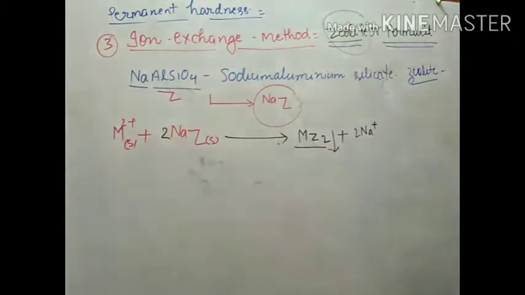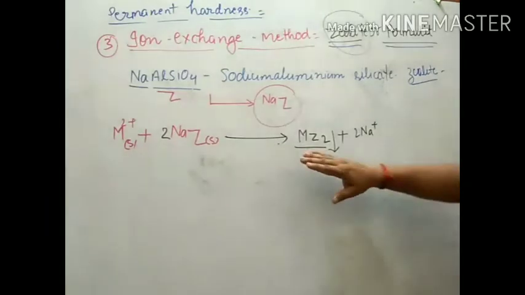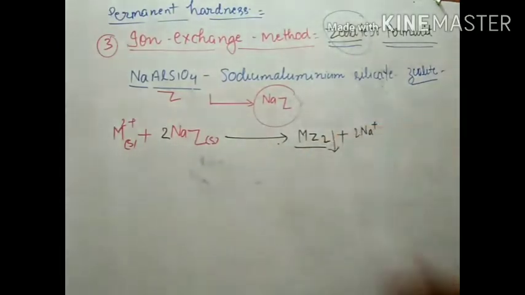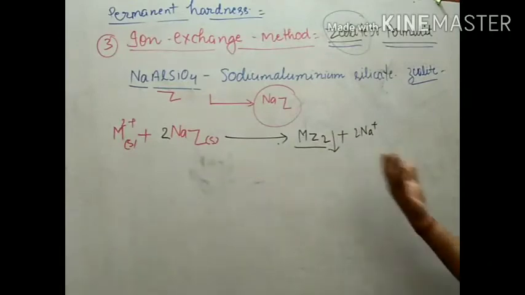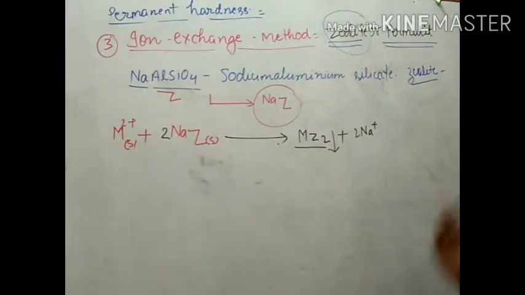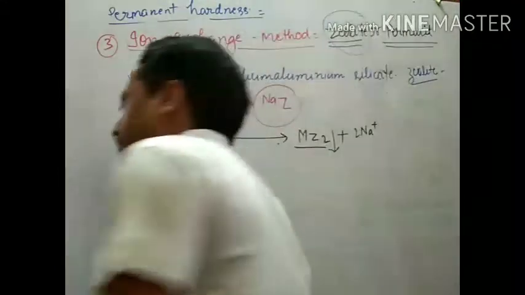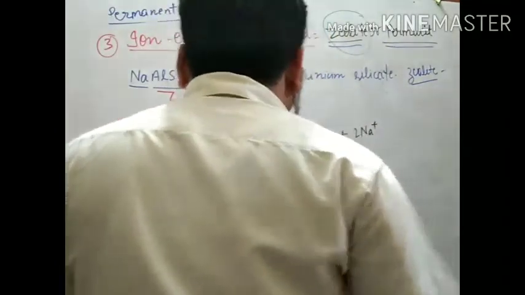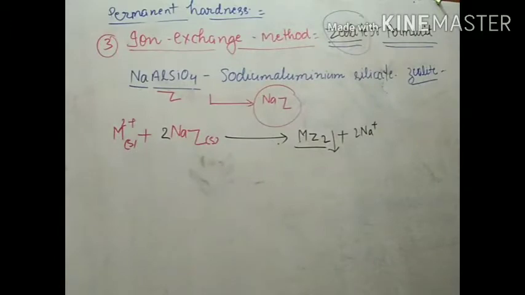And when we filter water, the insoluble impurity remains on the filter paper and we get soft water. So by this process we can also purify hard water to soft water, or we can change the hard water to soft water.